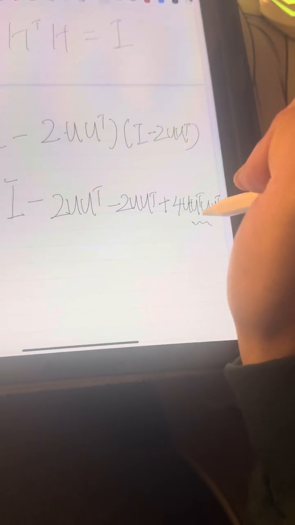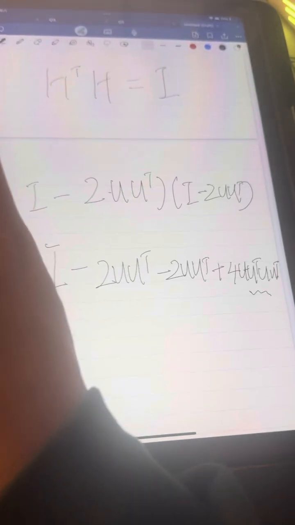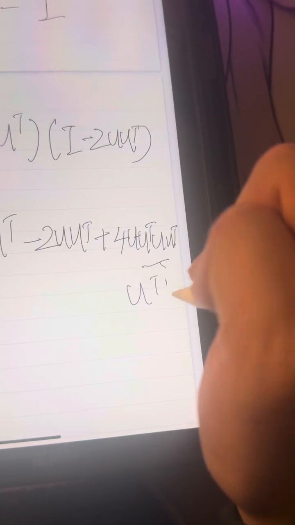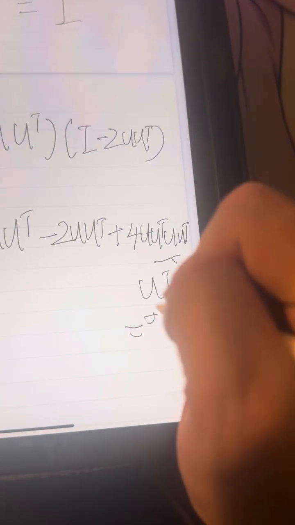Look at this part. From the very beginning, we have known that U transpose multiplied by U is exactly 1.